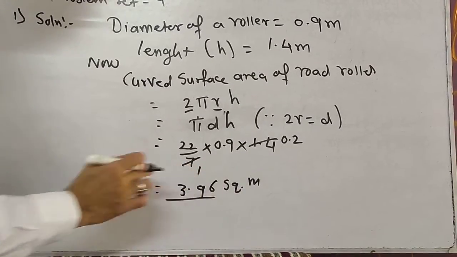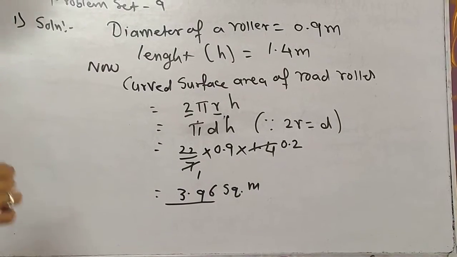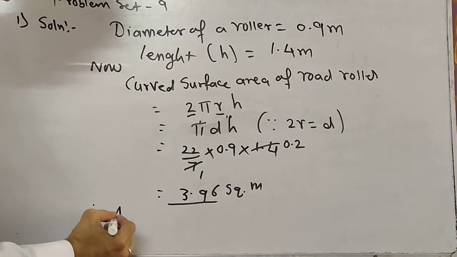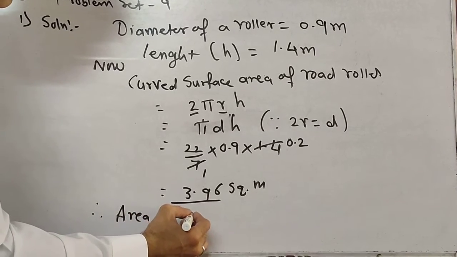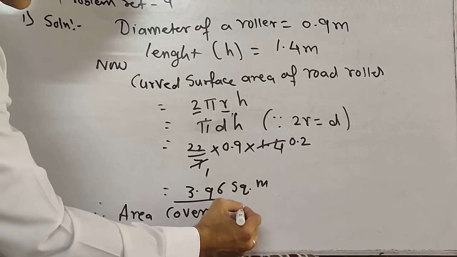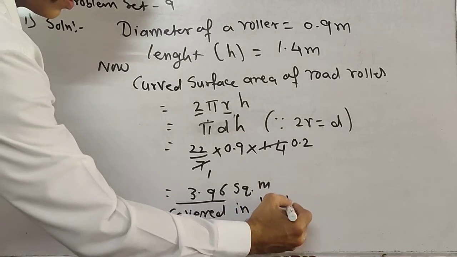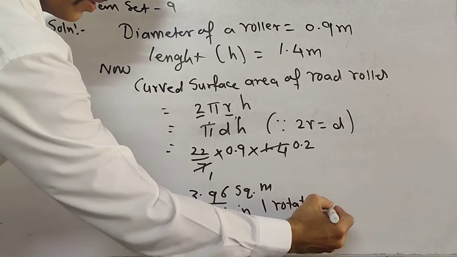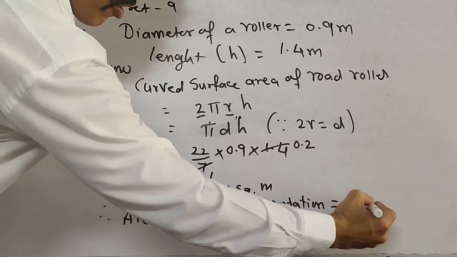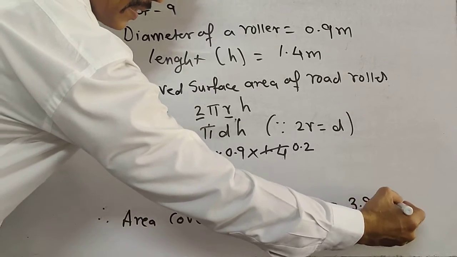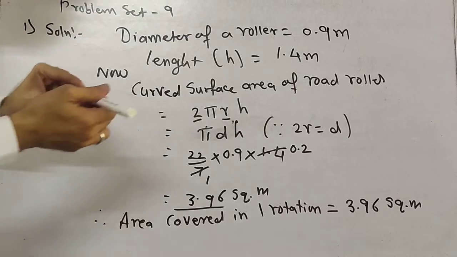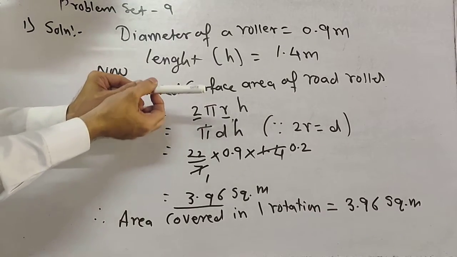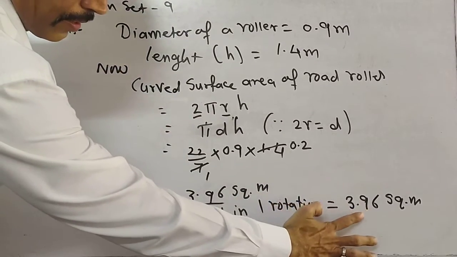So area covered in one rotation will be 3.96. Therefore area covered in one rotation is equal to 3.96 square meter. Suppose the roller will rotate only once, so how much area is covered?